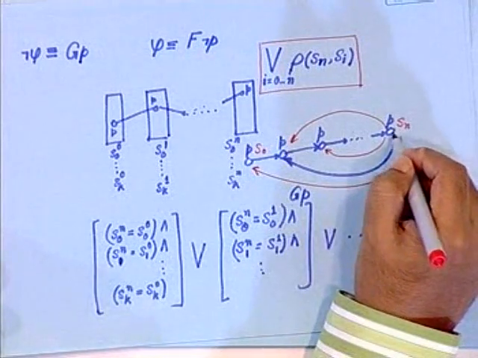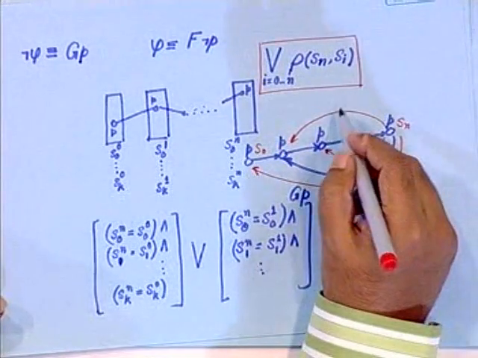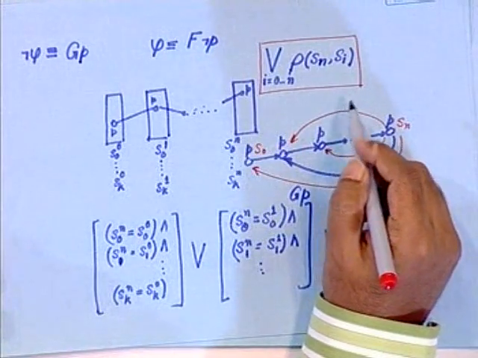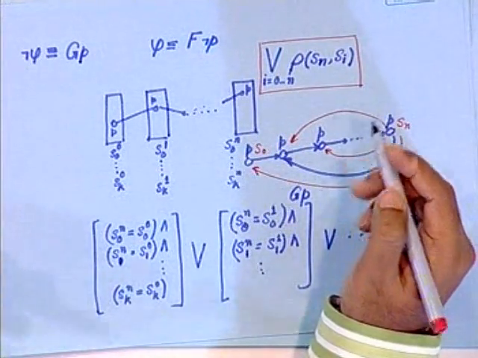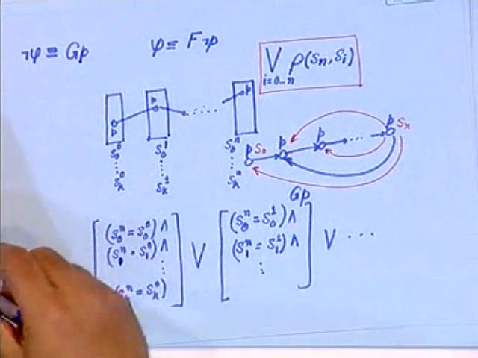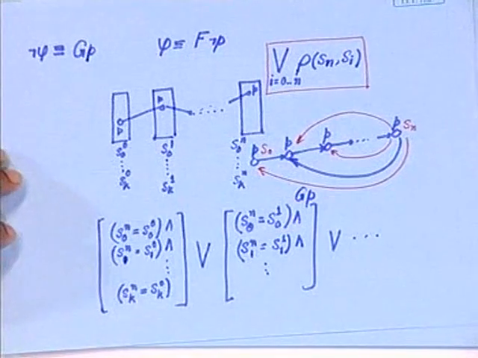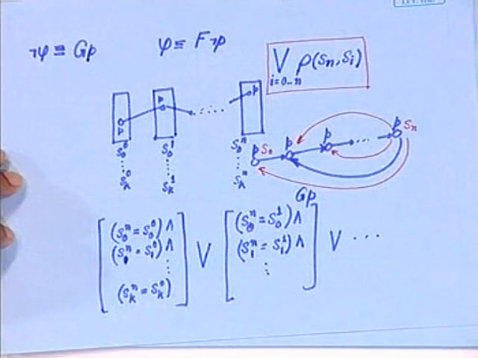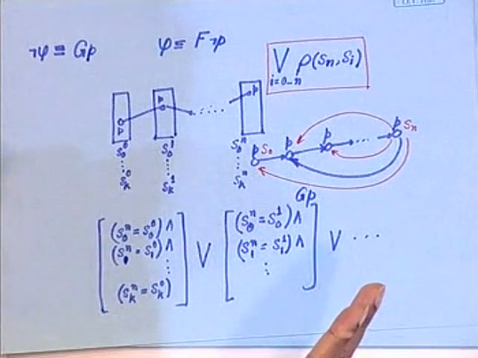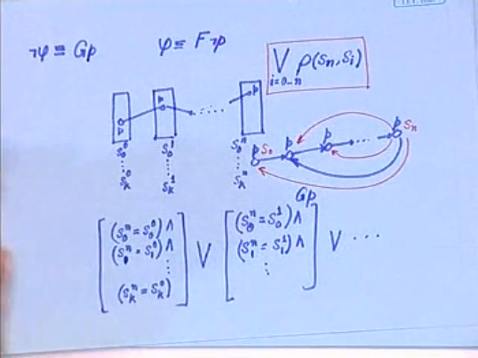So is there a transition from Sn to any of the previous states, and if we can get a satisfying assignment to that. So what exactly are we trying to solve for? We are trying to solve for a valuation of S0 through Sn such that for each of those valuations, P is implied for each Si, and Sn has a transition to either of these, right.